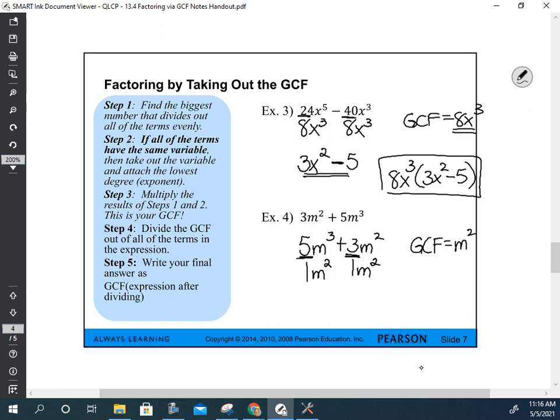So if you divide out, 5 divided by 1 is 5. 3 minus 2 is 1. So 5m. 3 divided by 1 is 3. 2 minus 2 is 0. So the m's cancel out. So there's the 2 parts that make up your final answer.